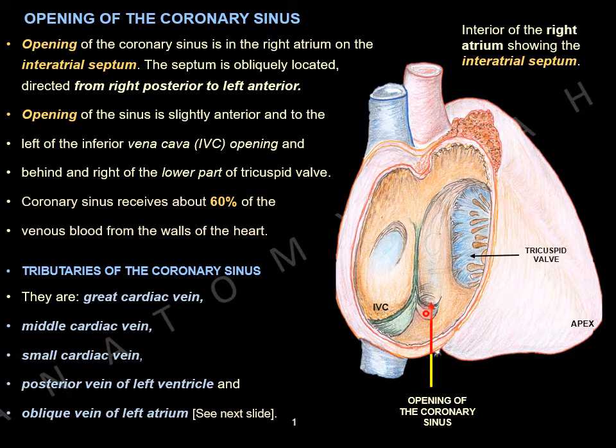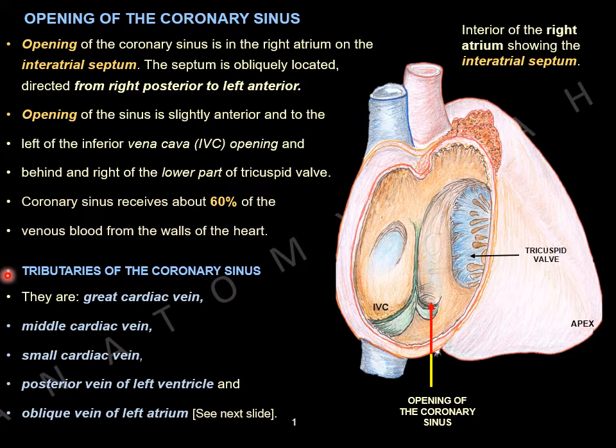If you see very carefully, the opening of the coronary sinus is slightly anterior and to the left of the inferior vena cava opening, and behind and to the right of the lower part of the tricuspid valve. The coronary sinus receives about 60% of the venous blood from the walls of the heart.